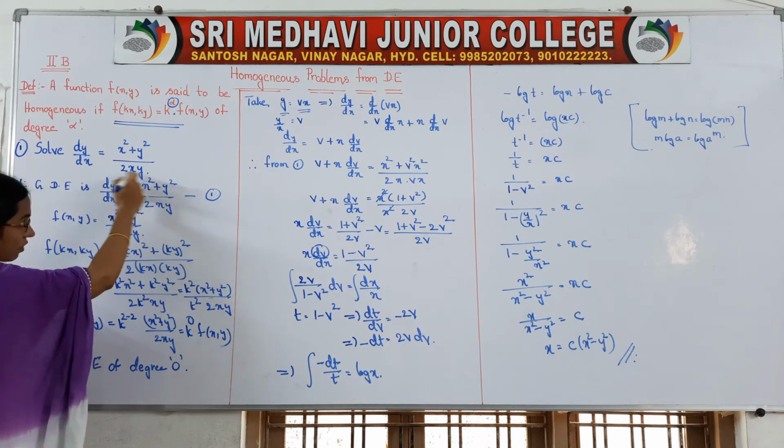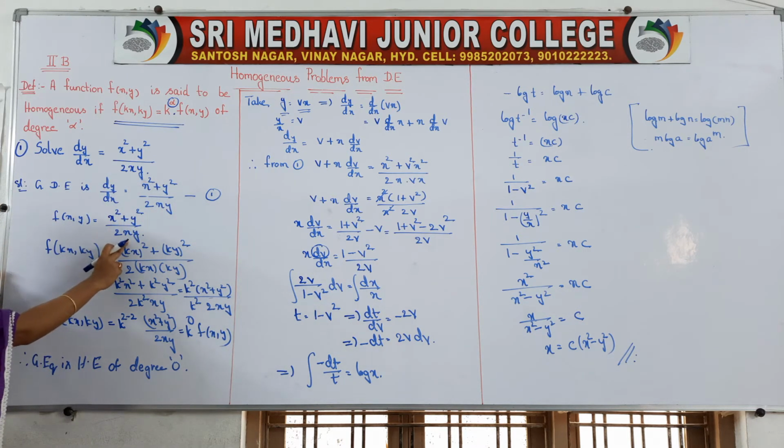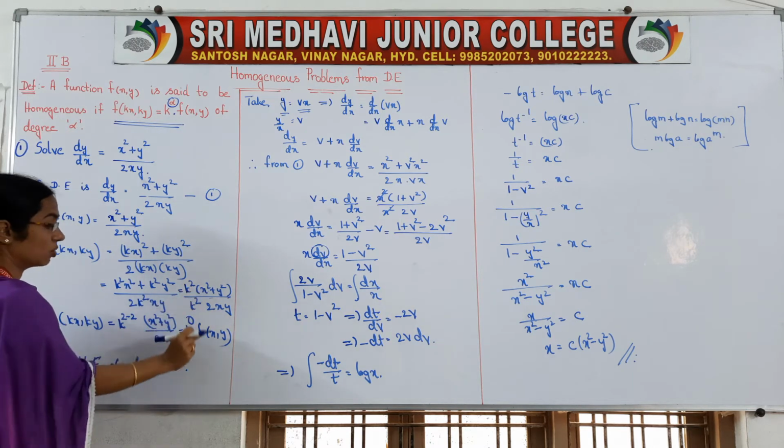So in this differential equation, the function is given like this, f of x, y. Whenever it is like that, in x place you take kx, in y place you take ky. Then it will come into this form.